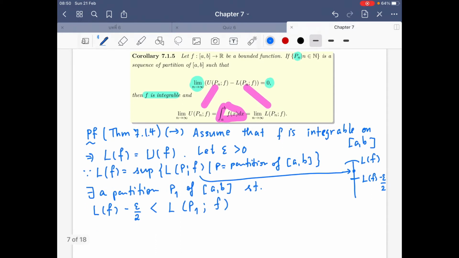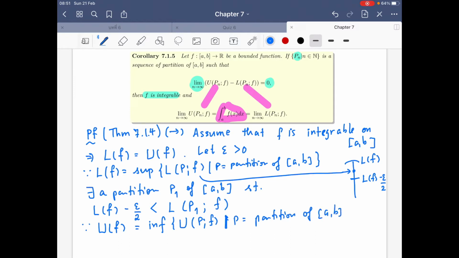On the other hand, your upper integral is defined by the infimum of the upper sums, where P is a partition of the closed interval [a, b].